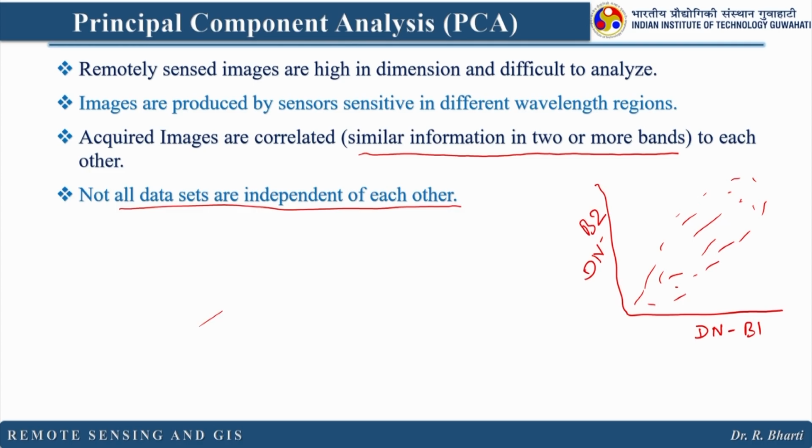So if you have green and red information, or let us assume in SWIR vegetation, right, we targeted vegetation in the previous example where vegetation has equal reflected energy in the infrared region. So if your image is mostly covering vegetation, what will happen? This correlation will be very, very good, right. So this is what I wanted to explain here. Not all data sets are independent of each other.